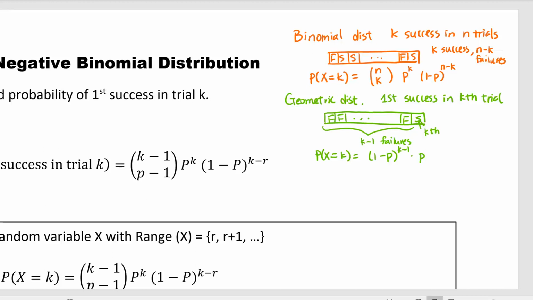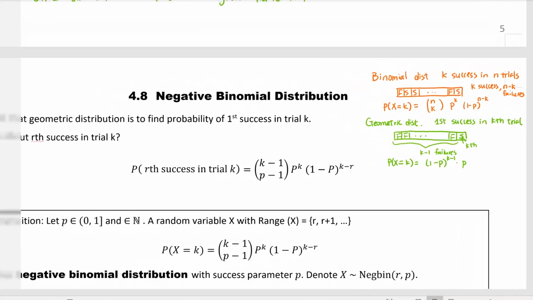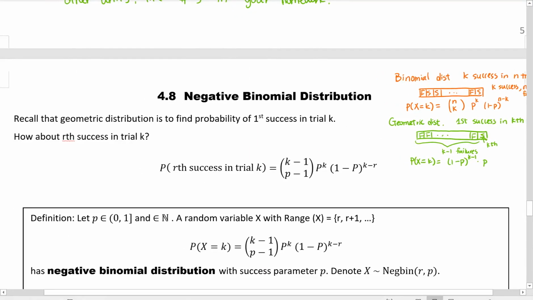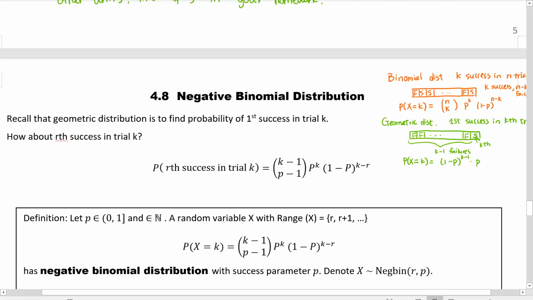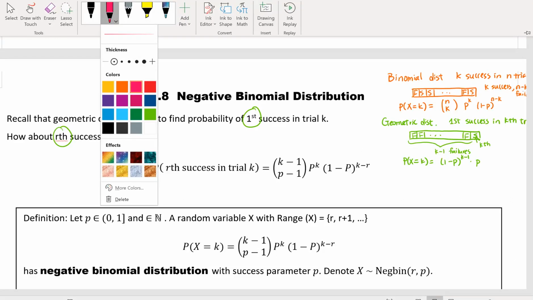Today we're going to talk about the negative binomial distribution. So what is the negative binomial distribution? For the geometric distribution, we're talking about the first success in the K trials. How about when we want to ask for the R-th success in the K trials? If we want to draw the picture, what color do you like? Do you like pink?